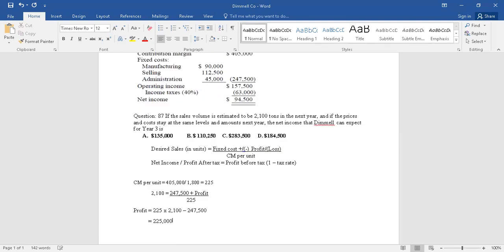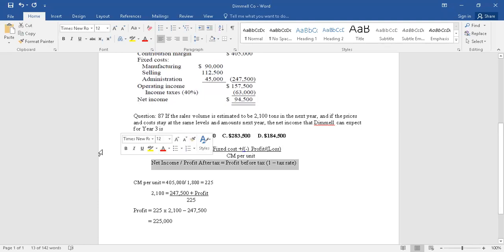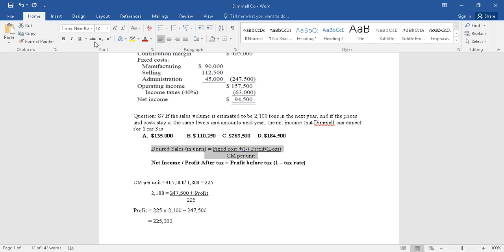225,000. But the point is, we are to find out what is net income. The formula is: net income is equal to the profit earned before tax times 1 minus tax rate. And the tax rate is mentioned in the question to be 40%. So substitute that: net income is equal to 225,000 times 1 minus 40%, which is 0.4.